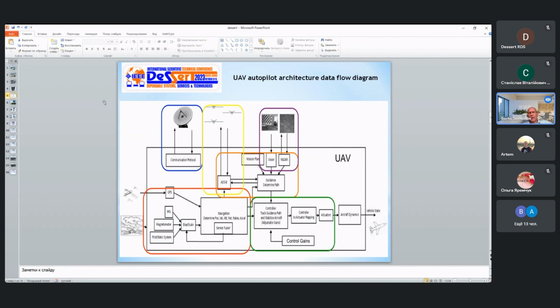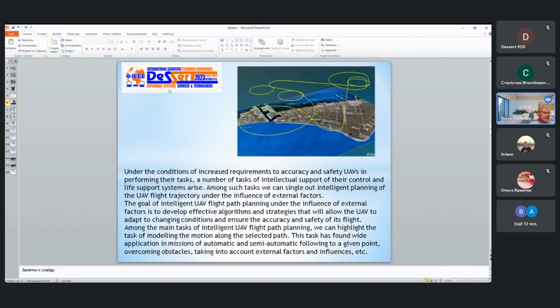And next, in our work, it is the question of modeling and prototype work in modeling. Under the condition of increased requirements to accuracy and safety of UAVs in performing their tasks, a number of tasks of intellectual support of the control and life support system arise.